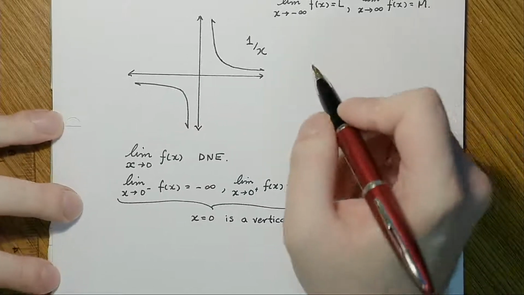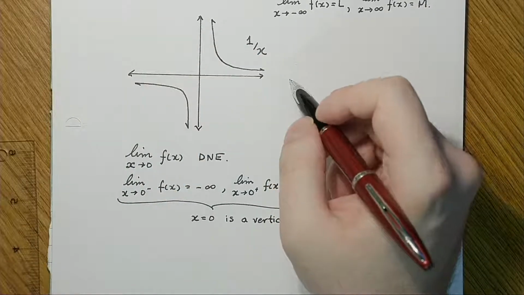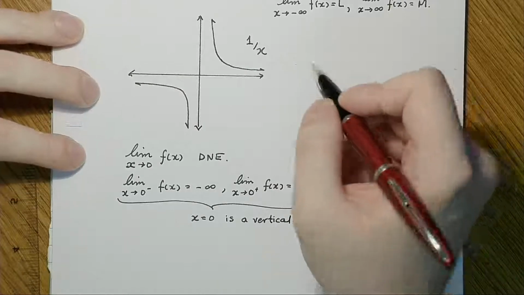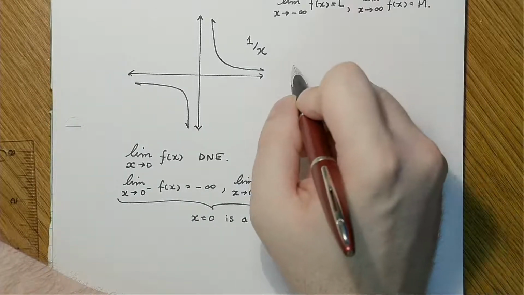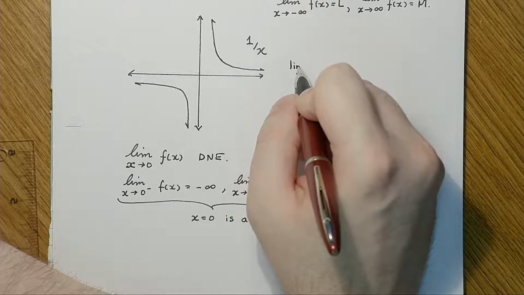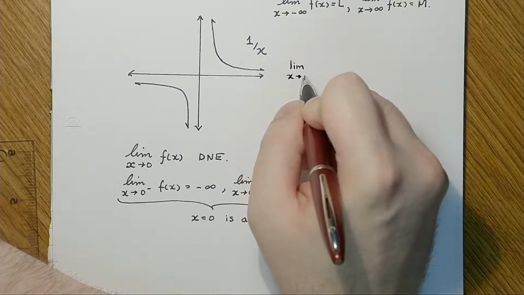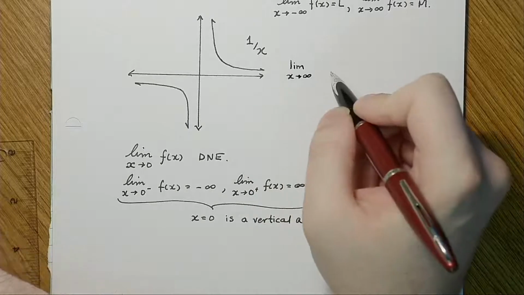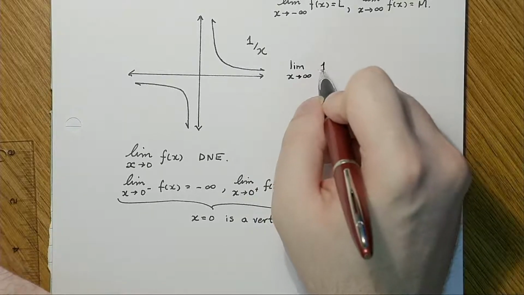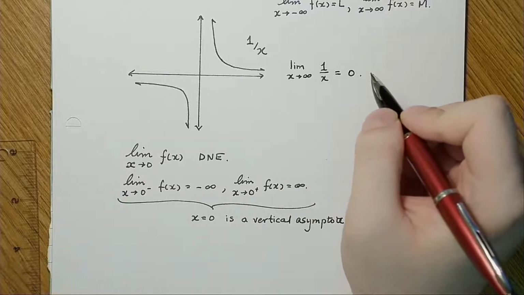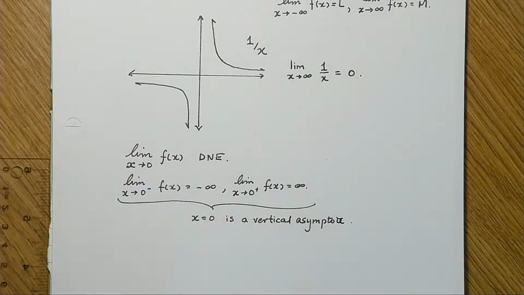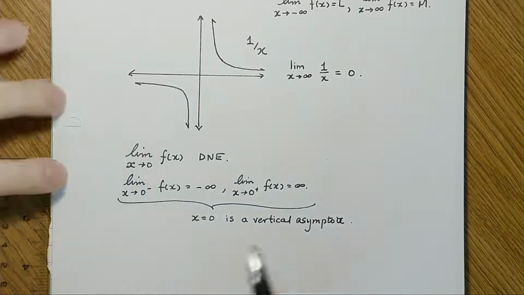And the other thing to note is that 1 over x, as it's getting really, really big, going on this side, we'll say that the limit as x goes to infinity from the positive side of 1 over x is equal to 0. We had done that previously because we had dealt with limits at infinity.